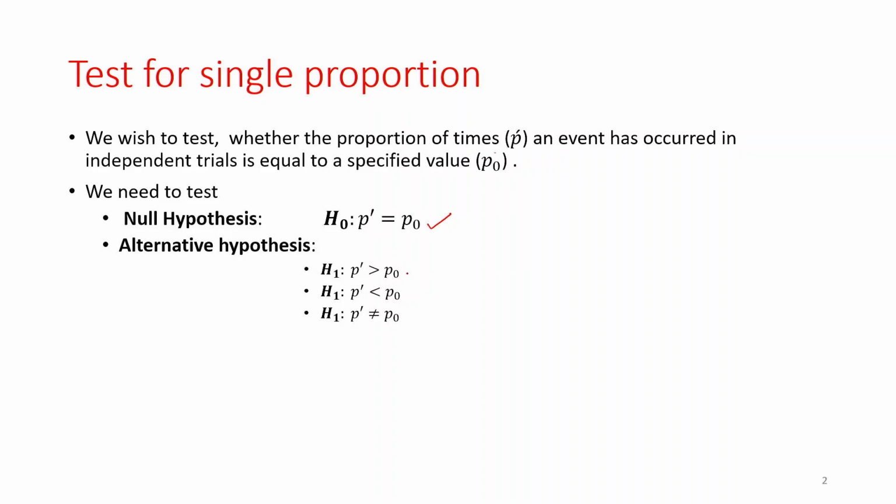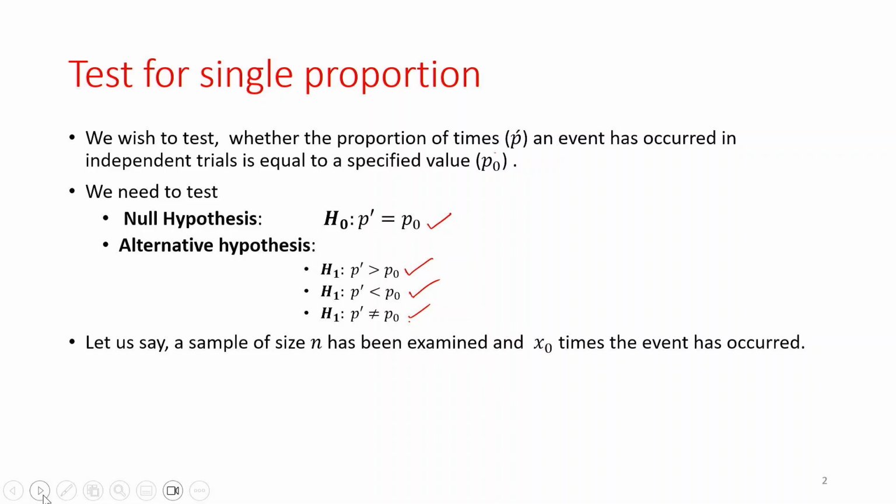The alternative hypothesis can take three different forms. One is P dash greater than P0, or it could be P dash less than P0, or it could be P dash not equal to P0. These things we have already learned earlier. So the alternative hypothesis could be either this or this or this.